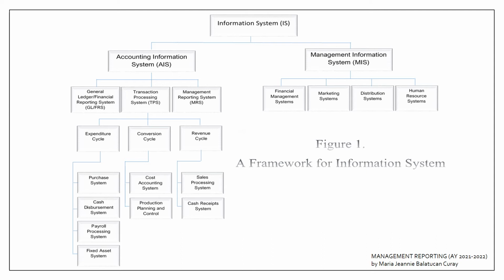Then the AIS is composed of the general ledger or financial reporting system, which is the GLFRS, the transaction processing system or TPS, and the management reporting system or MRS. While the management information system or MIS consists of financial management systems, marketing systems, distribution systems, and human resource systems.